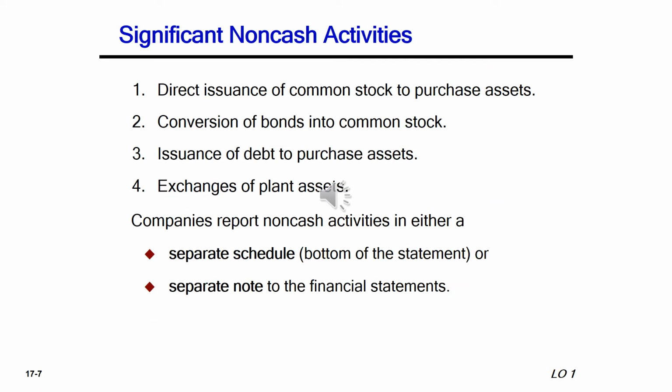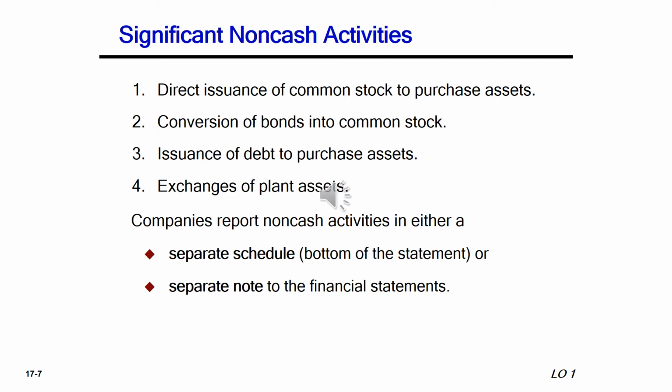And then we have a category that relates to the cash flow statement, but usually isn't reported on the cash flow statement per se. It could be in a separate schedule at the bottom of the financial statements, or on the cash flow statement, or in the notes to the financial statements.